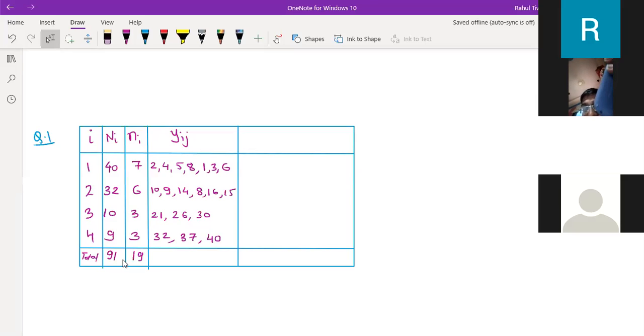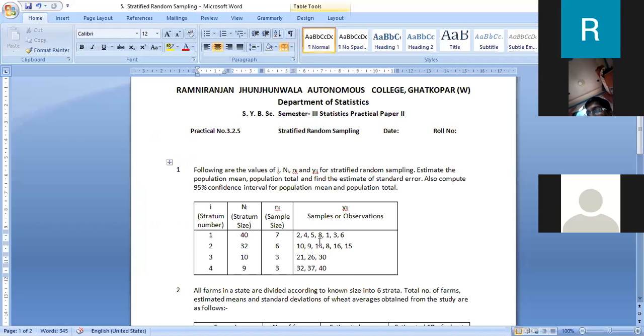So I think everybody is using a calculator, and using a calculator one can. So this is the actual data we have been given. This much information is available on your screen.